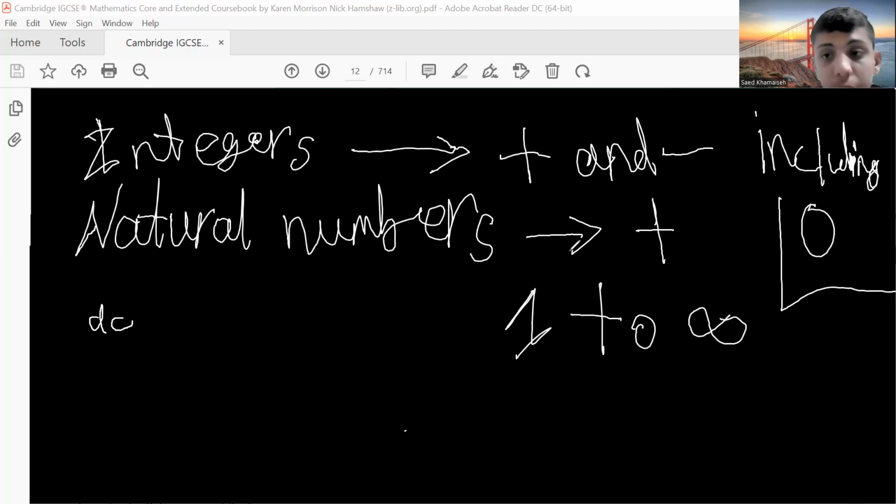Here, as you know, the natural numbers do not include 0.